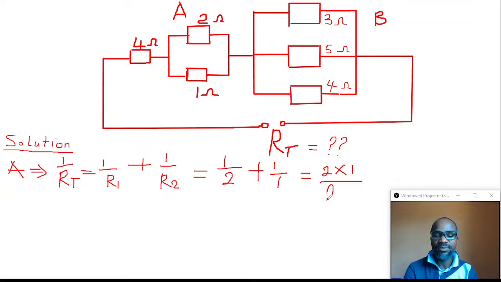If we do this, we have 2 times 1 is 2, good. Then 2 plus 1 is 3. All right, so that is it.